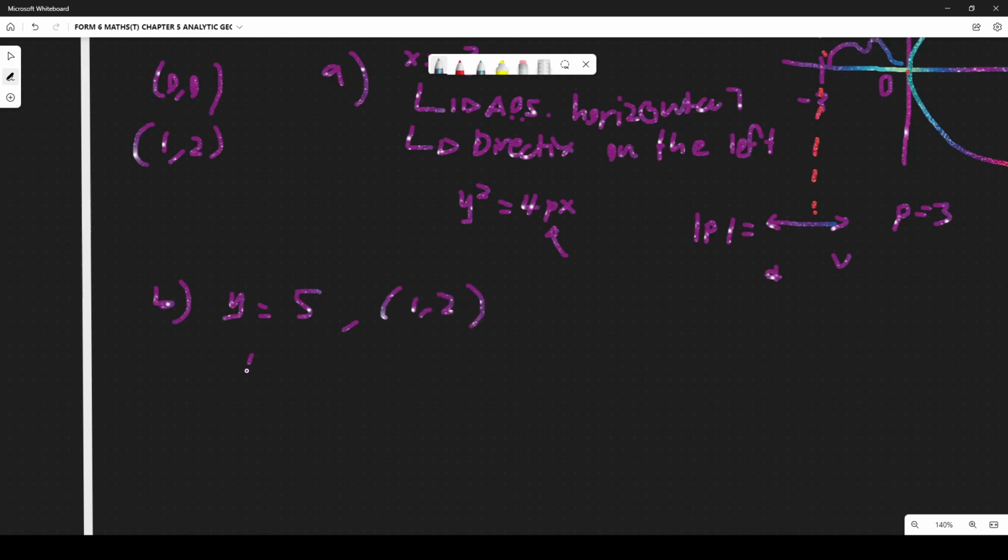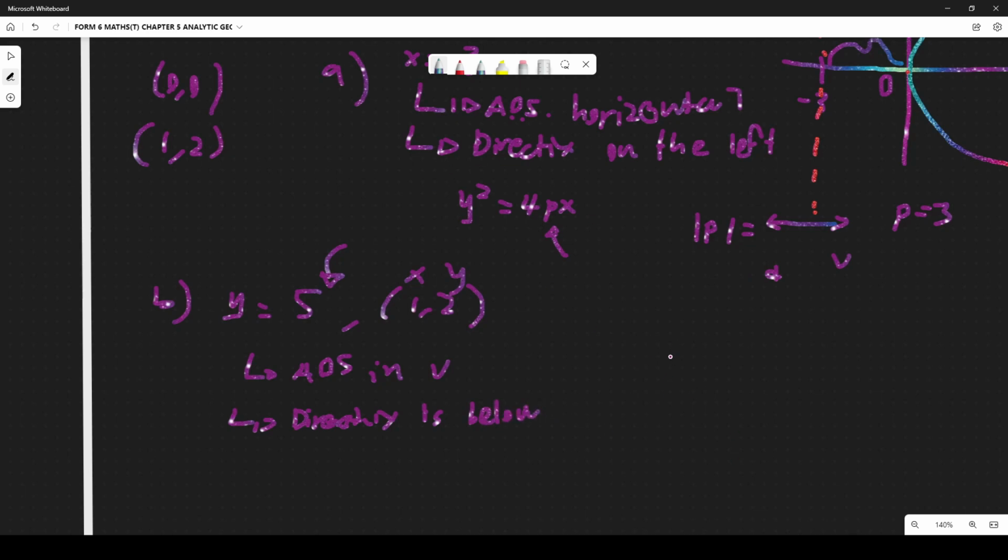Since you know y equals 5, we can say that the axis of symmetry is vertical. And since it says 1, 2, the y value 2 is below 5. So you can say that the directrix is below.